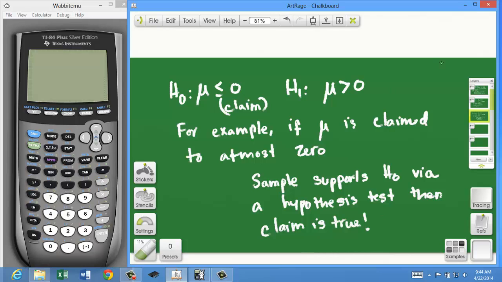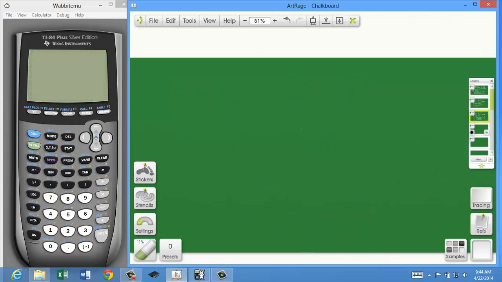Now, we can extend the idea into one more case. Suppose that the claim is the population mean, mu, is greater than or equal to 9.